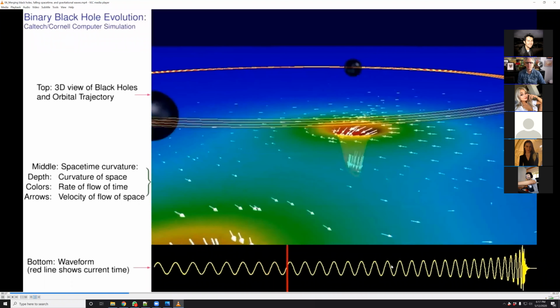And as they're about to collide, the waves get really fast, and then silence because they now merge and collapse into one object. So this exact pattern of waves, closer and closer, and then silence, that's exactly what we detected, the pulses of light in the detector.